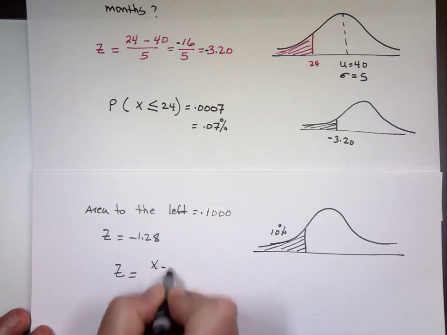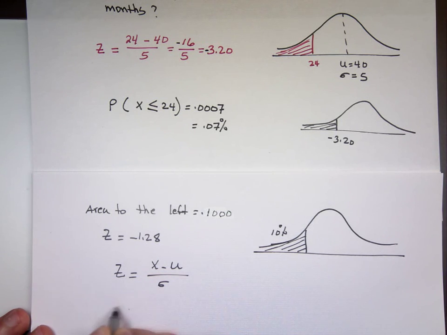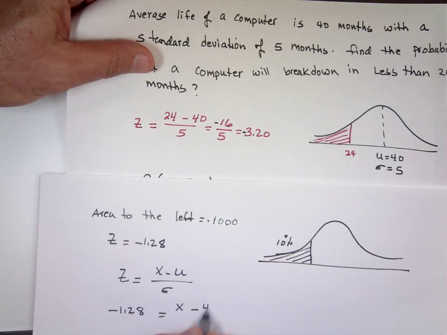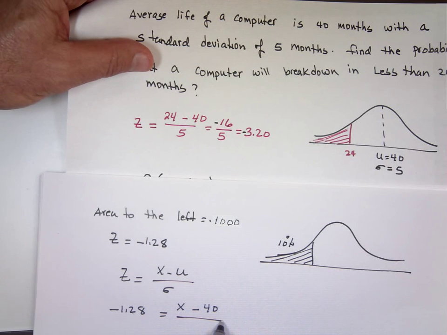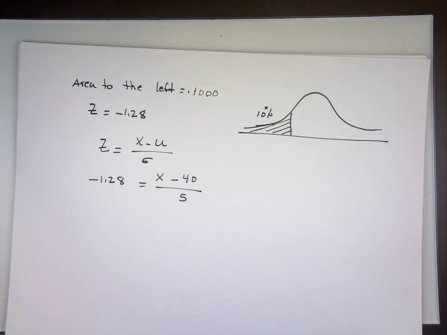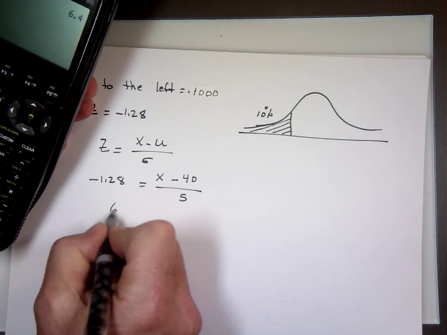Negative 1.28 equals x minus, what was the average we said for computers? 40 months? Standard deviation of 5? Five times 1.28, 6.4, equals x minus 40.